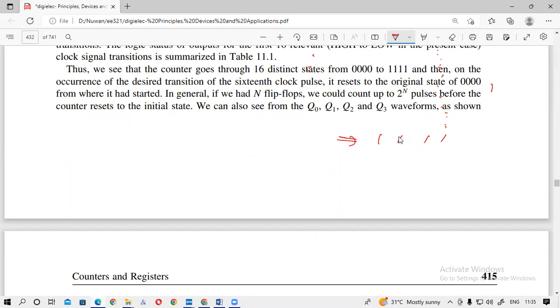You have 16 values, but the last one is 15, correct?